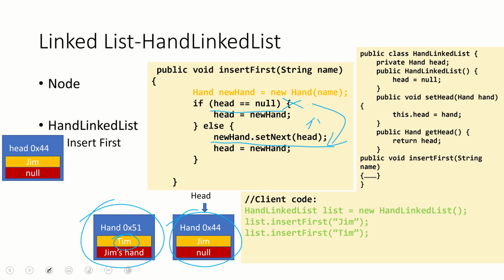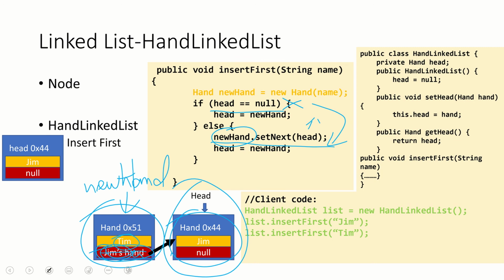So what's the current head right now? The current head is Jim, right? So the new hand is Tim. Okay, so this is the new hand. And the new hand's next we set to the current head, which is Jim, right?